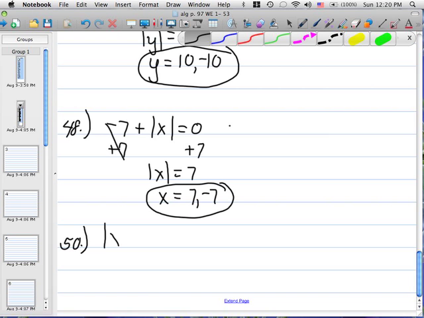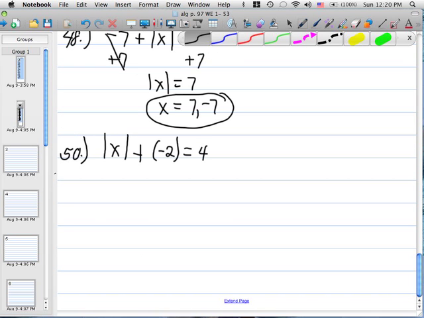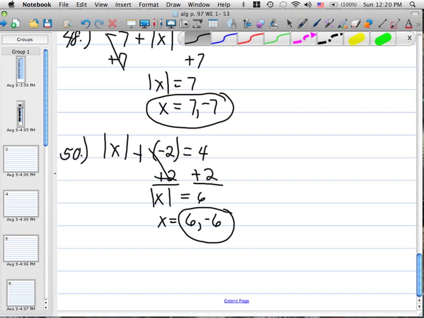Problem number 50, the absolute value of x plus a negative 2 equals 4. We get the absolute value by itself, so we're going to add 2 to both sides. So now we have the absolute value of x equals 6. Two numbers have a distance of 6 from 0, 6 and negative 6.